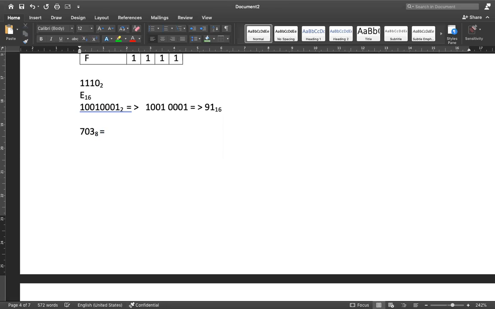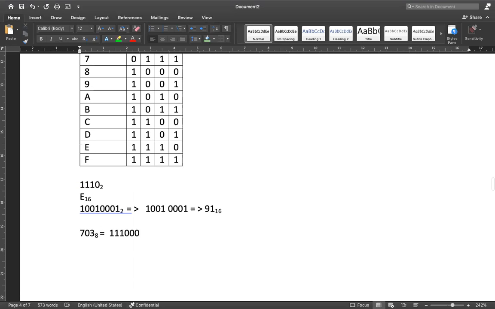What's the value of 7? 703. I want you to convert this to binary. 7 means 111. 0 means 0 0 0.